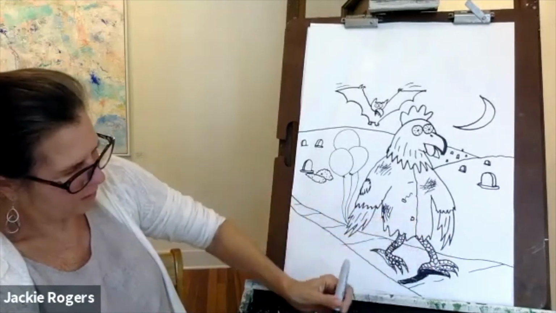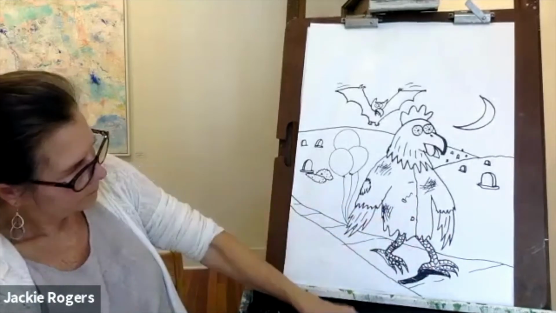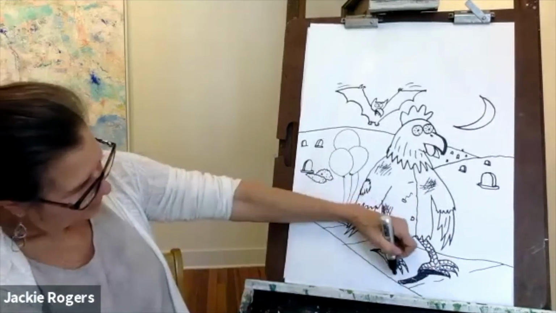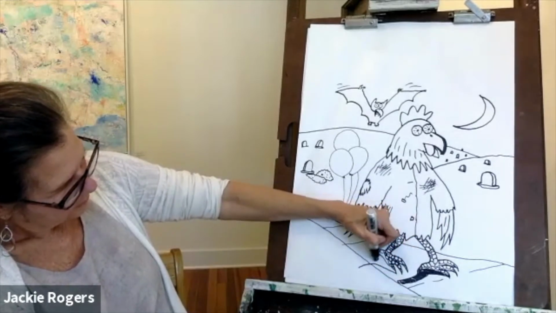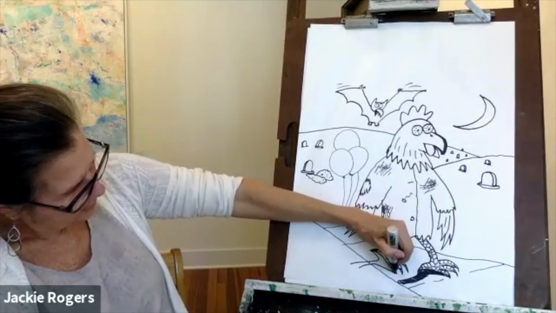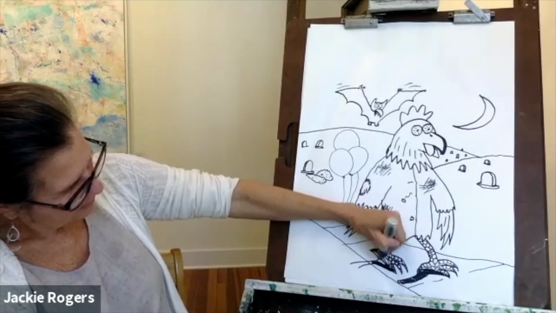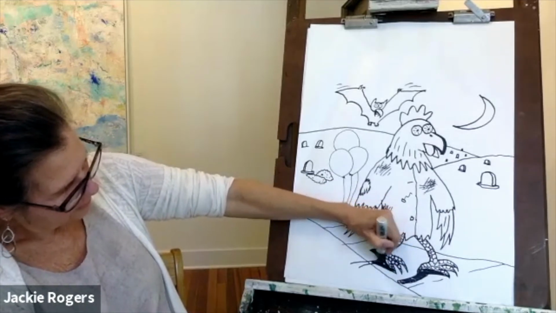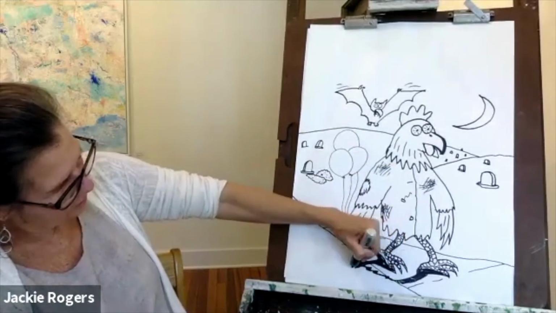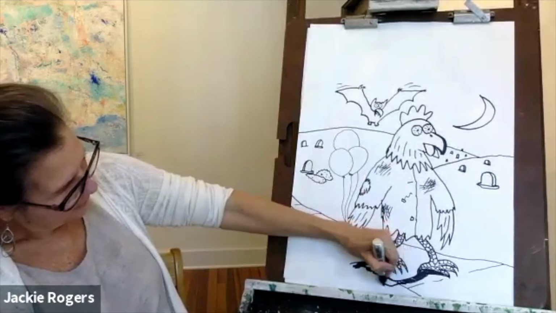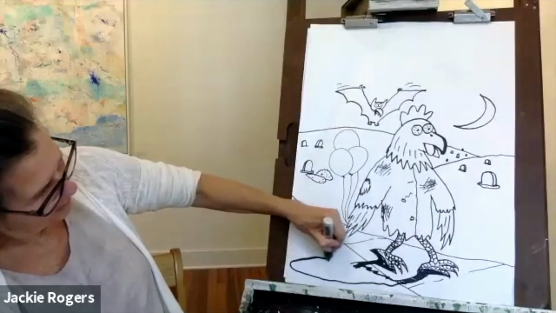I'm going to use a thicker marker for this. And then this one. And then you see how I start at the feet and I make the legs coming out, and then he's got his raggedy shirt, and I'm just going to make a big blob right here.